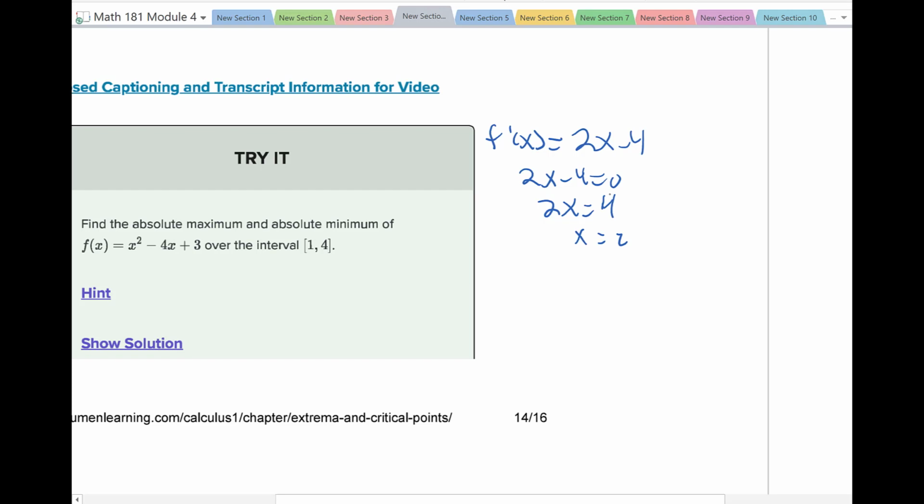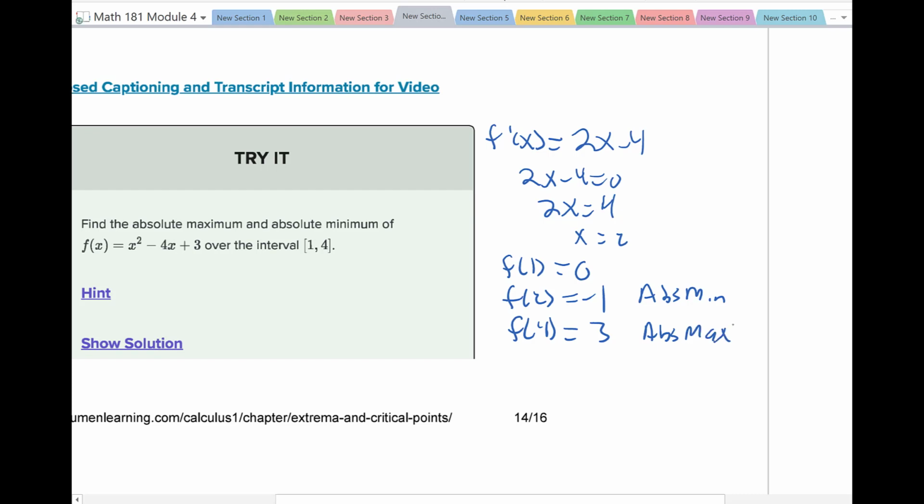So we'll look for f of 1, f of 2, and f of 4. So f of 1 is 0, f of 2 is negative 1, and f of 4 is 3. So this is our absolute minimum and absolute maximum.